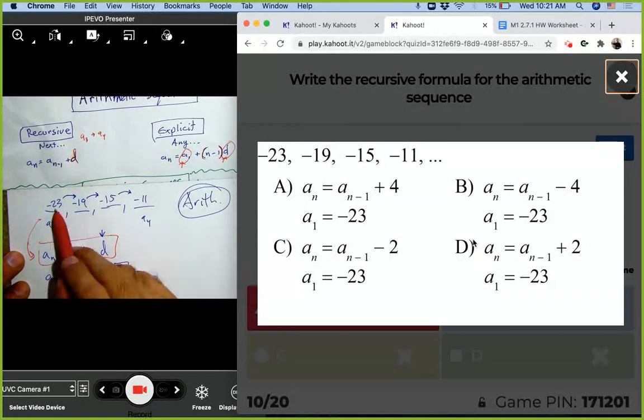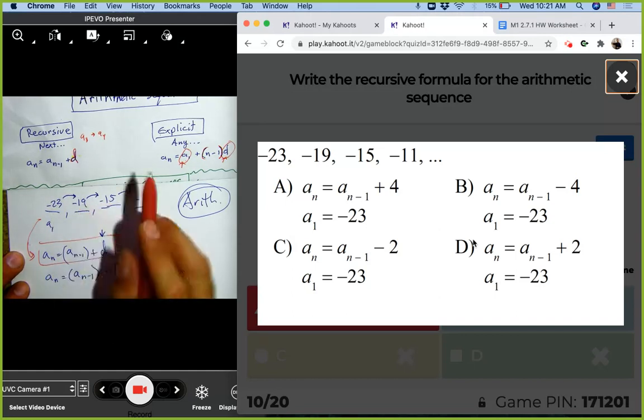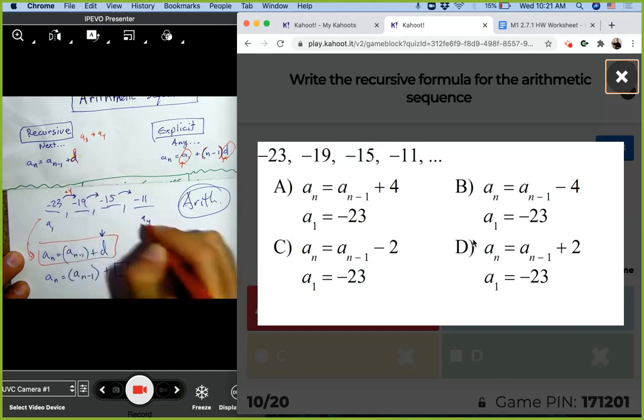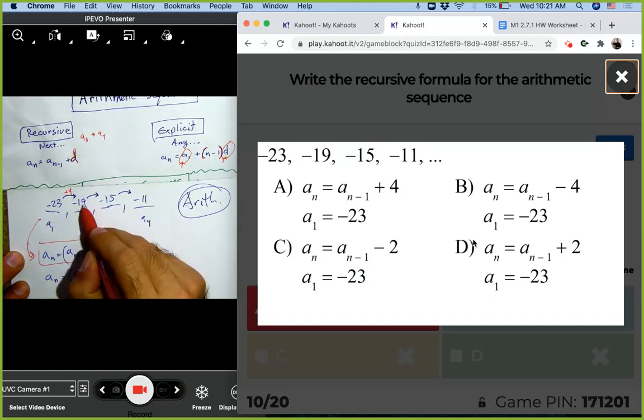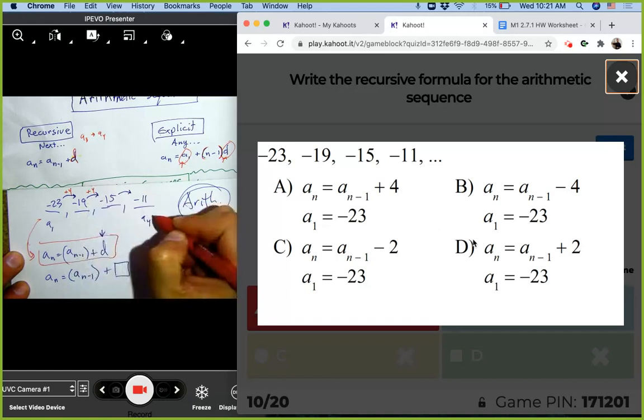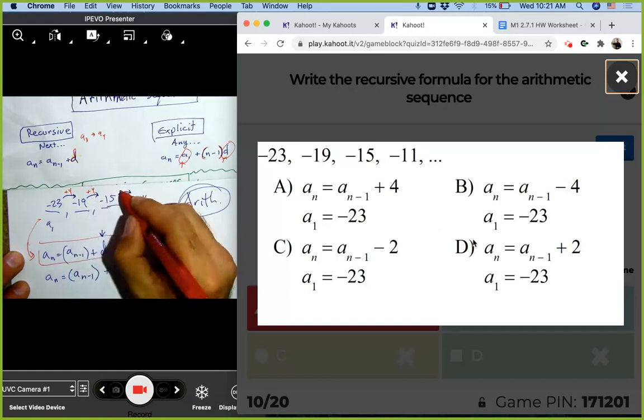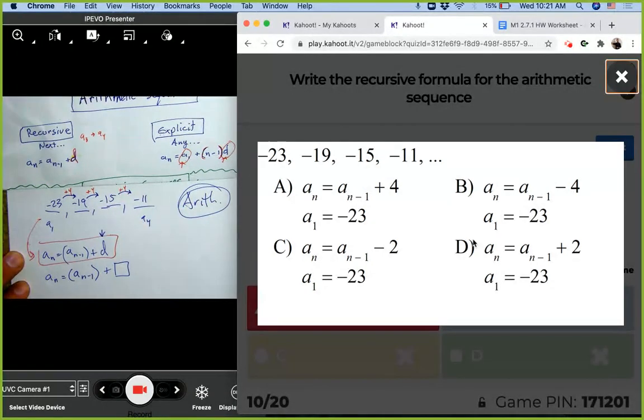How do you go from negative 23 to negative 19? If you're underwater 23 feet, you end up at negative 19 feet. You've gone up 4. Negative 19 underwater, you go up 4, you're only 15 feet under. Negative 15 under the water, you go up 4, you're at negative 11 under. So we know that it's plus 4. Done.